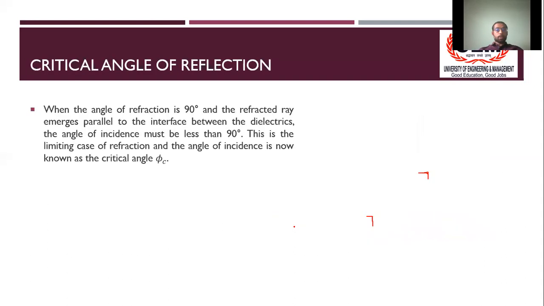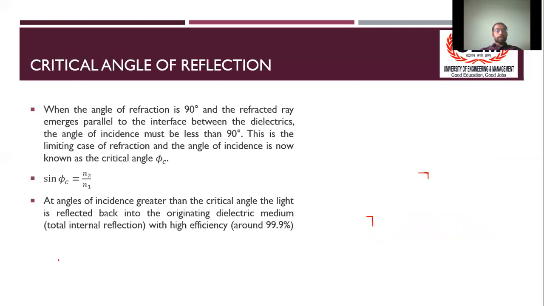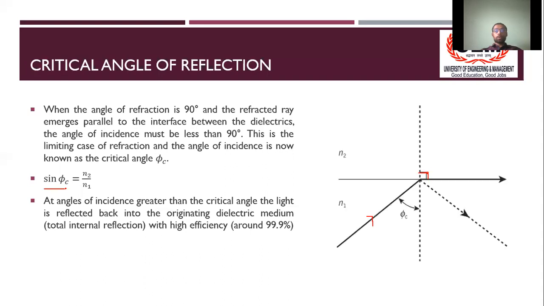So from this equation, when the angle of refraction becomes 90 degrees, we can write this as sine phi c, the critical angle that should be maintained to achieve complete internal reflection inside the core region.